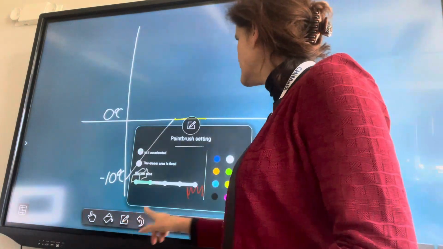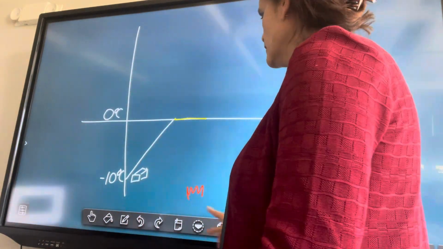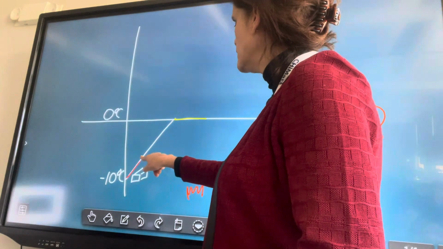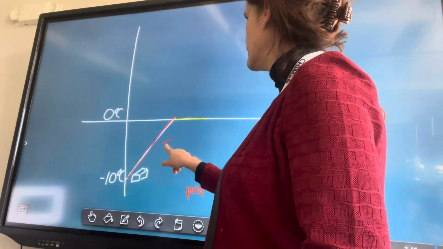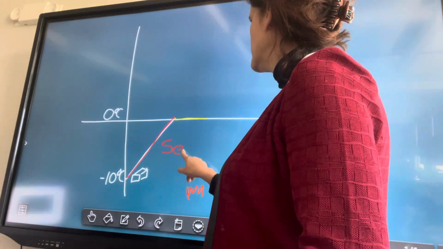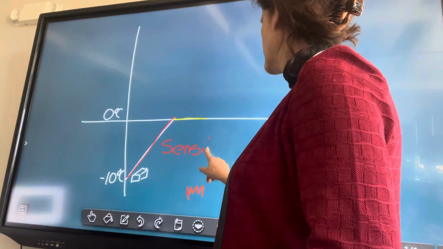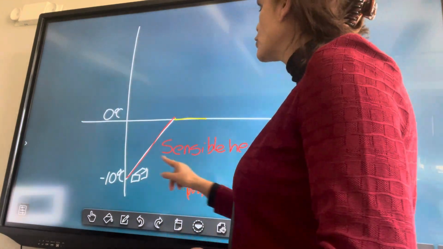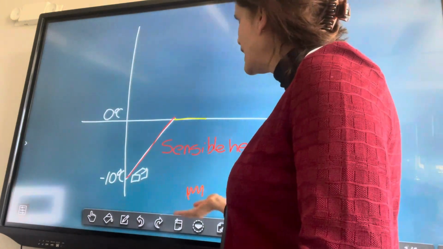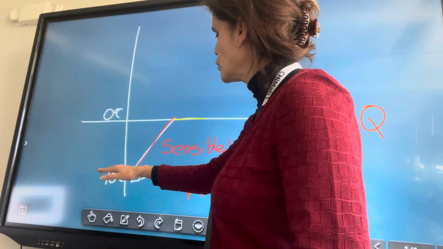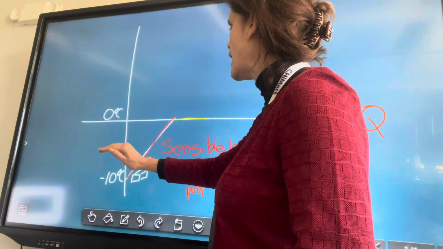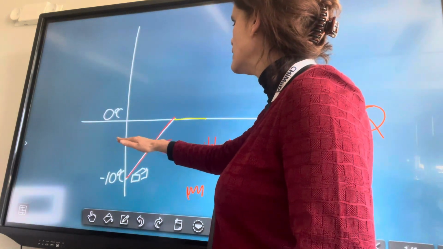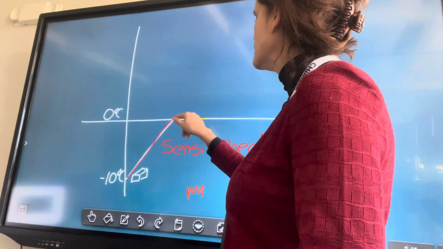And then the ice is going to be gaining some energy. When we go through this, it's called sensible heat. Why? Because the temperature is changing. I'm adding heat, and the temperature is going from minus 10, minus 9, minus 8, 7, 6, 5, 4, 3, 2, 1, 0.